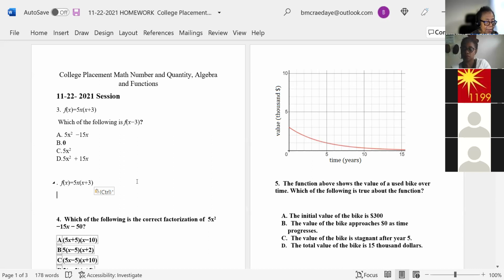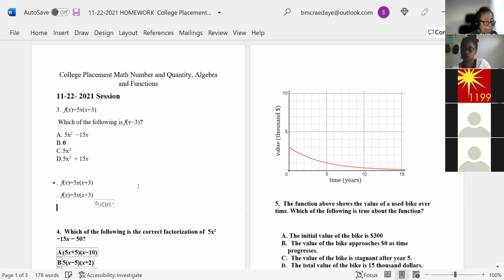F of x minus 3. Now, Maureen, what does that mean? What do we do with the x minus 3? Maybe subtract it from that? No. This is a substitution.